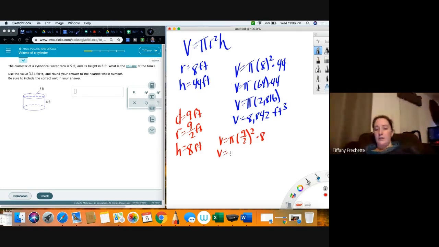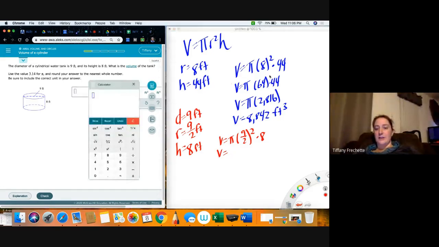So, equals, and we don't really have to write it out as far as I did. I wrote all these steps, but you can go 3.14 times, and I'm going to put parentheses in here, 9 divided by 2, and make sure you click out of the fraction so that when you do this, it's the whole thing, and then click squared, and then times 8.